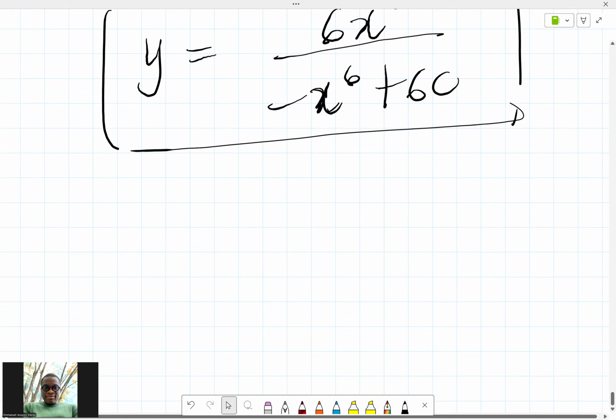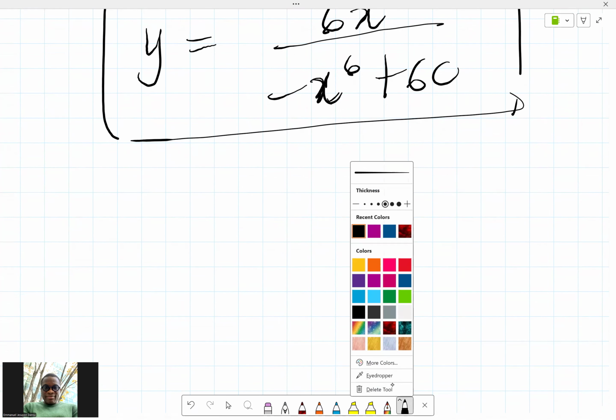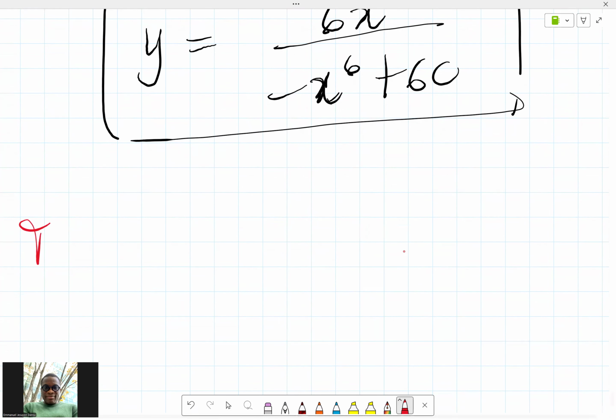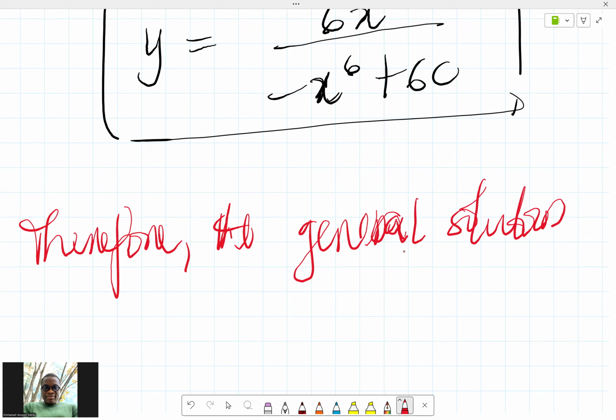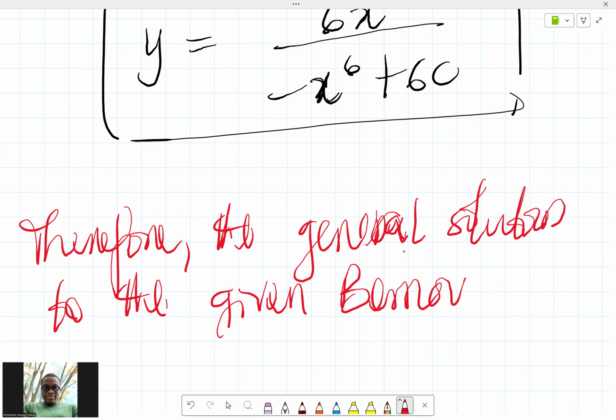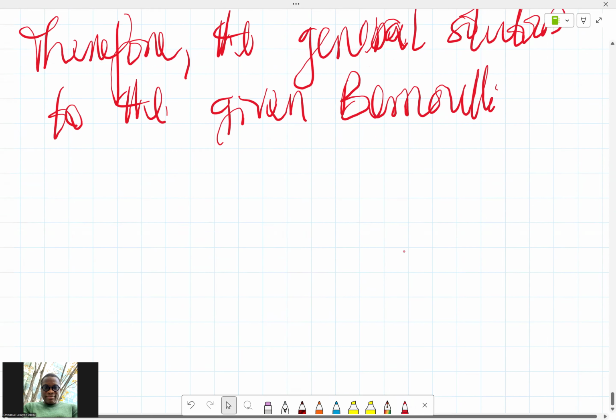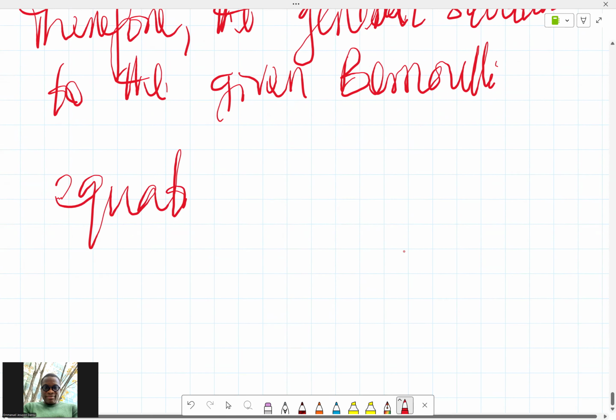At this point, we can say, therefore, the general solution to the given Bernoulli equation is what we have up there.